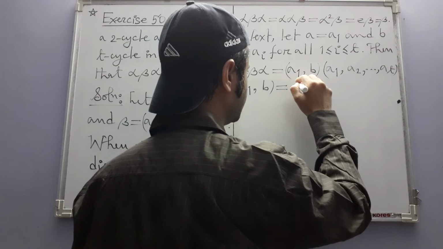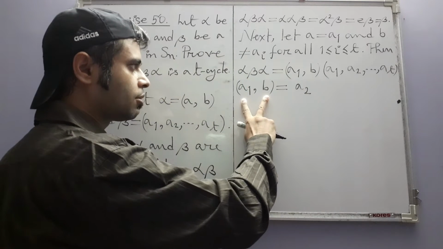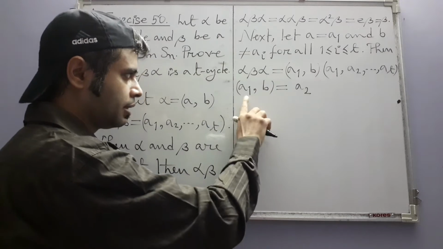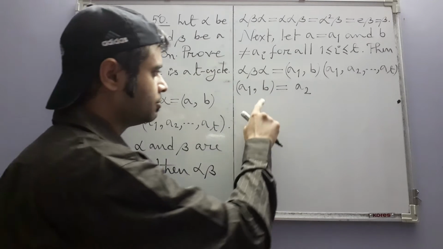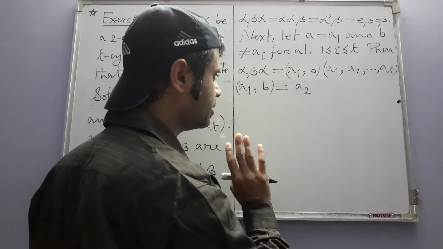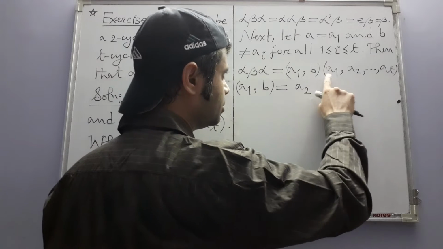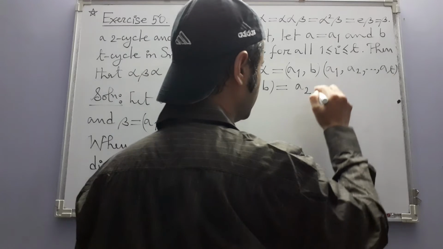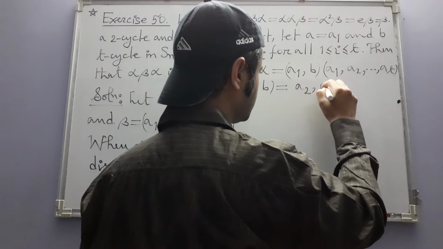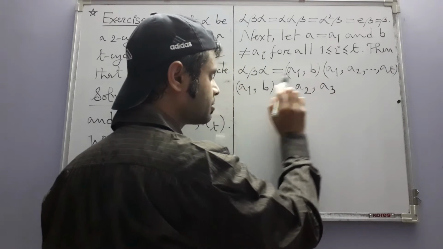Okay. Next we look at A2. This one does not affect A2 because A1 is of course different from A2, and B is not equal to any of them. So in particular B is not equal to A2. So this one does not affect A2. This one sends A2 to A3, and that A3 then is again unaffected by this leftmost one.